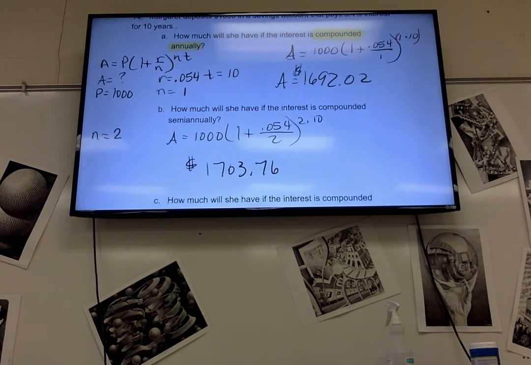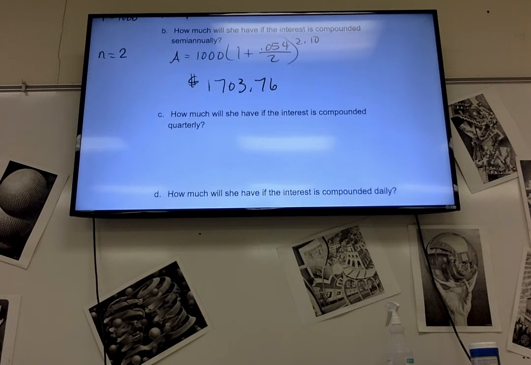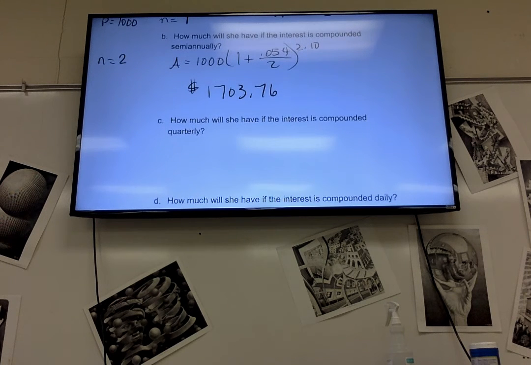Please at any time if y'all get something different, let me know. Compounded quarterly, so it's the exact same thing, only instead of n being 2, n is now 4. And it rounds up to 82 because it was 0.818.